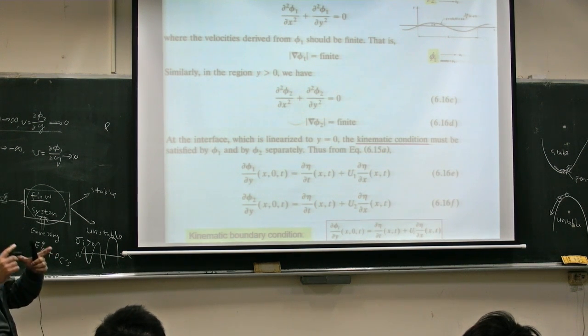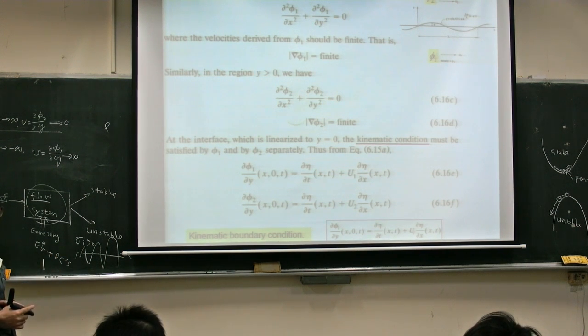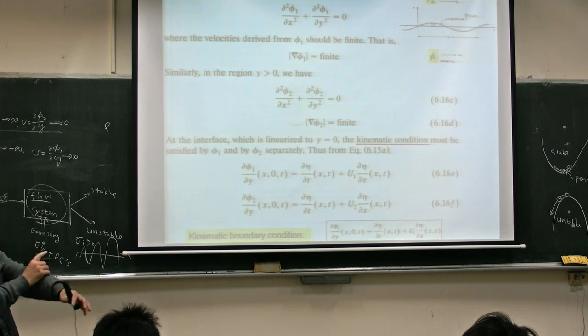This is the mathematical description of this flow system, using mathematical equations. So this flow system can be described by this set of equations. That's how beautiful mathematics can be, right? Everything becomes mathematics.